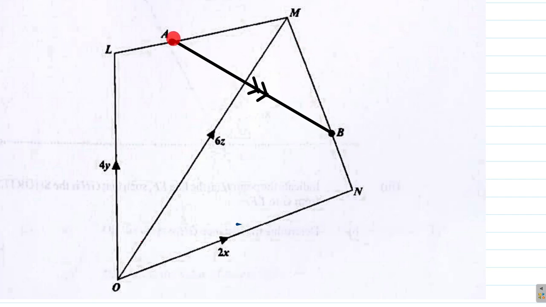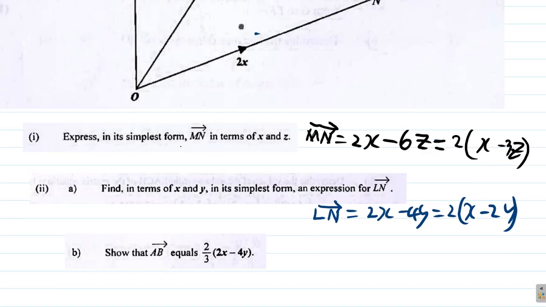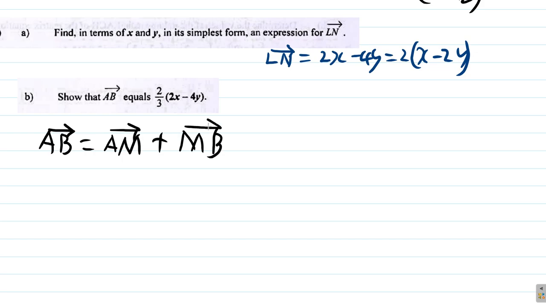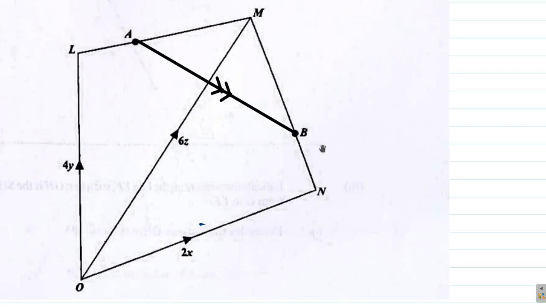You see that? Going from A to B places you at the same point as going from A to M, then M to B. So AB equals AM plus MB. All right.